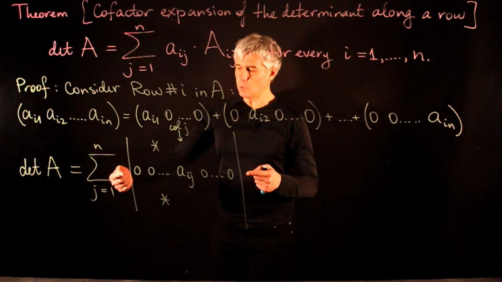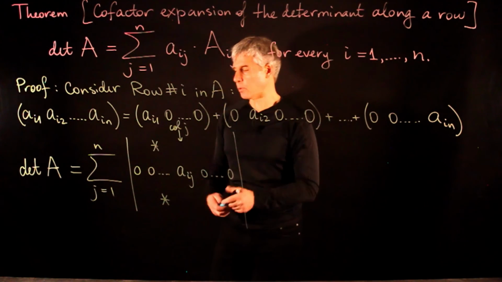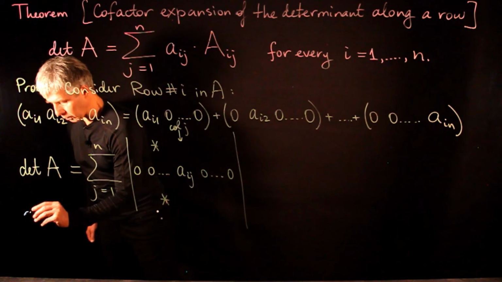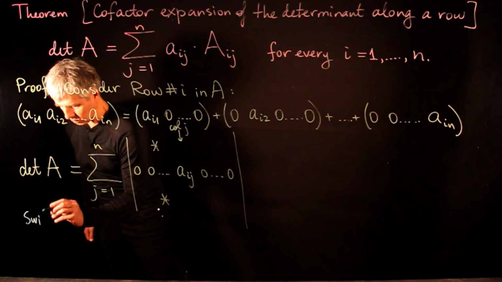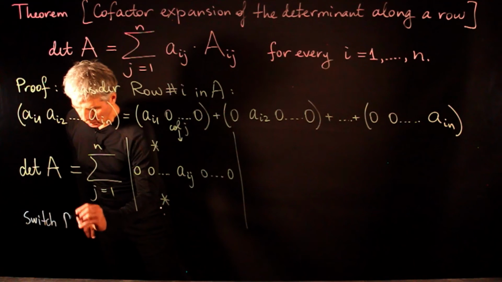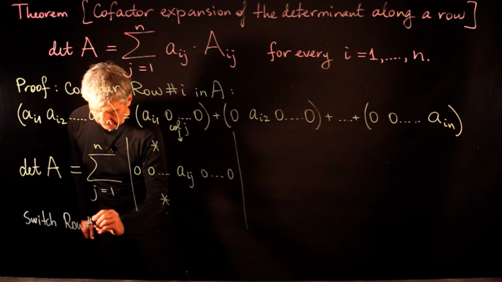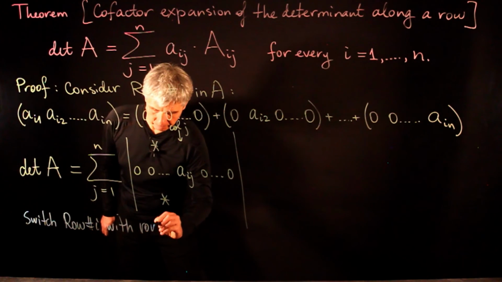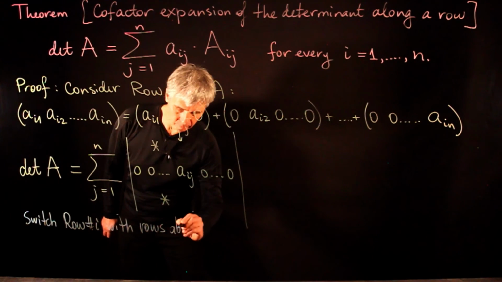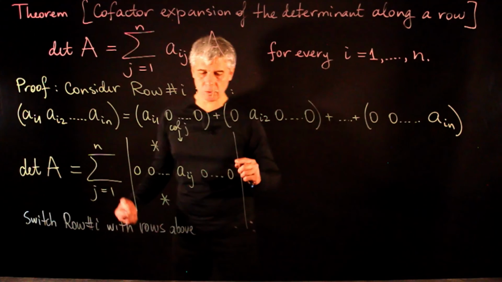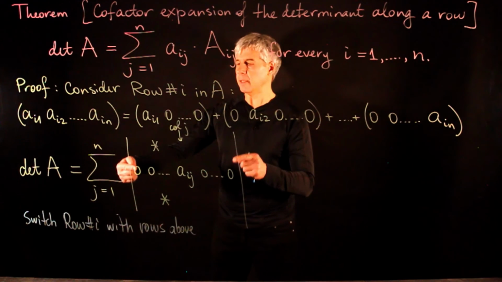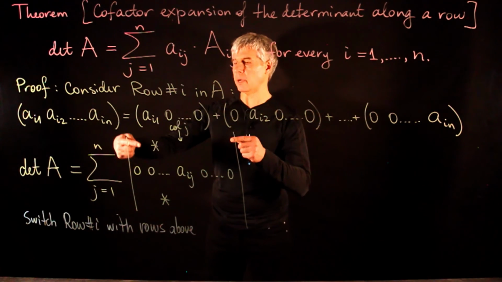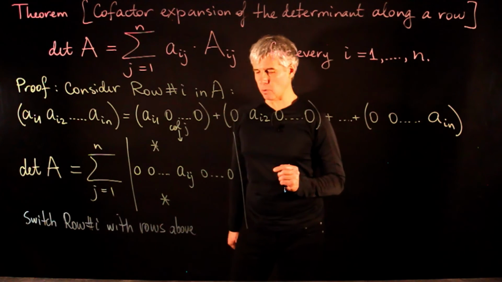Next, I want to move row number i to the top row. So what we are going to do, we are going to switch row number i with rows above. So this means that we switch it with row i minus 1, then with row i minus 2, and so on up to row 1.